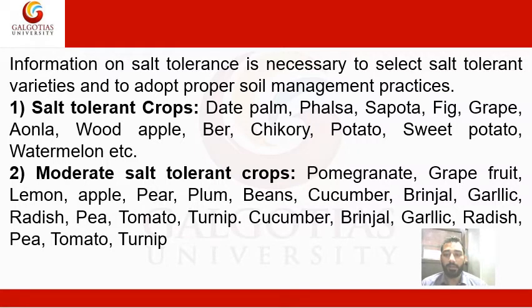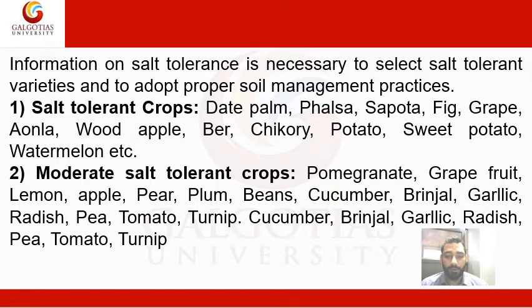These crops are date palm, falsa, sapota, fig, grape, aonla, wood apple, ber, chicory, potato, sweet potato, watermelon, etc. All these can be grown successfully if the salt amount is higher in the soil. They are generally salt tolerant crops.